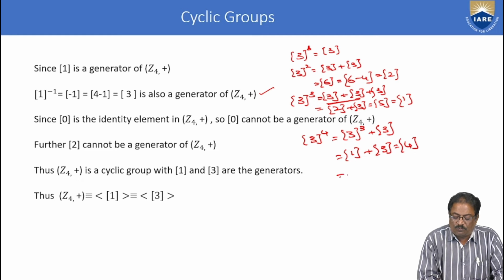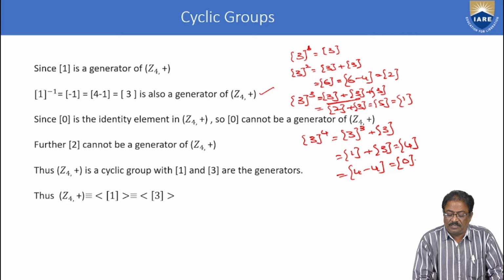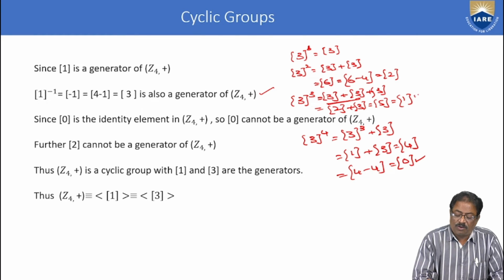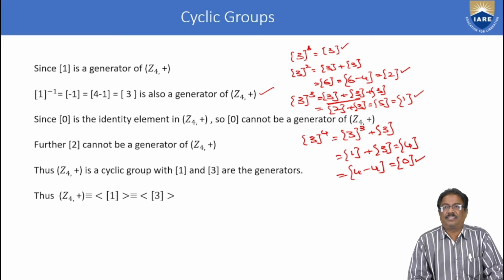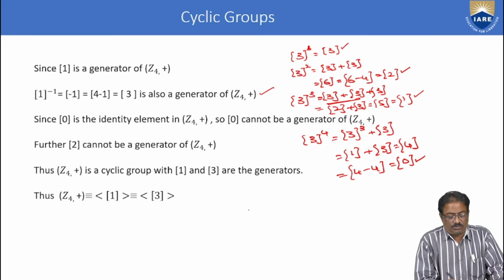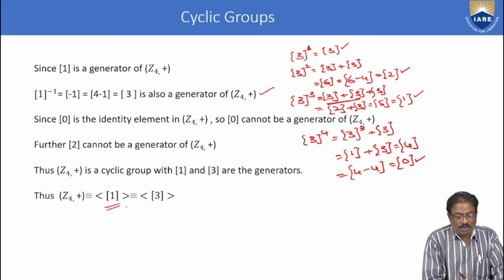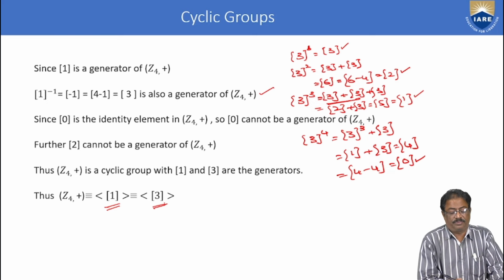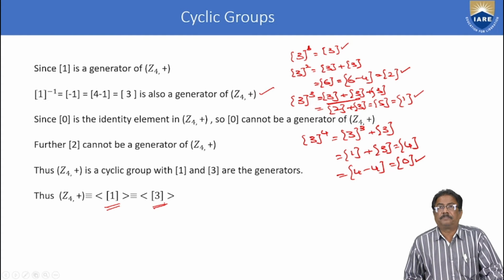So 4 minus 4 is equal to 0. So I am representing 3 power 4 is 0, 3 power 3 is 1, 3 power 2 is 2, and 3 power 1 is 3. So I can say that 3 is another generator. One generator is 1 and another generator is 3.